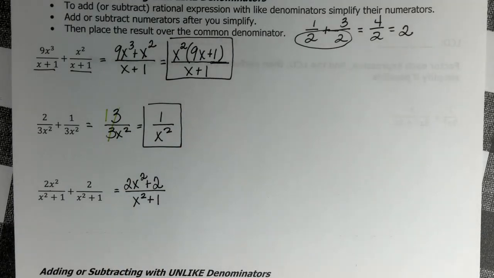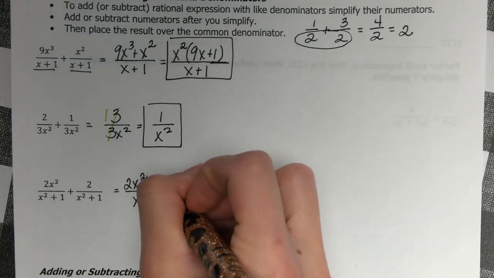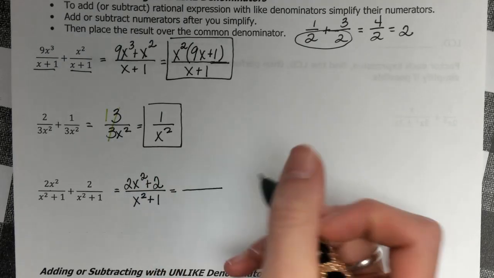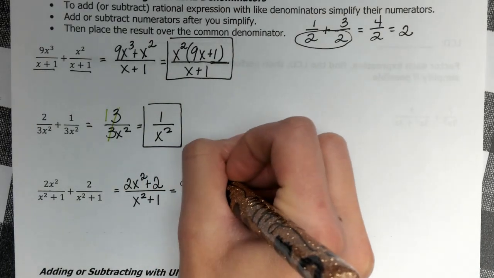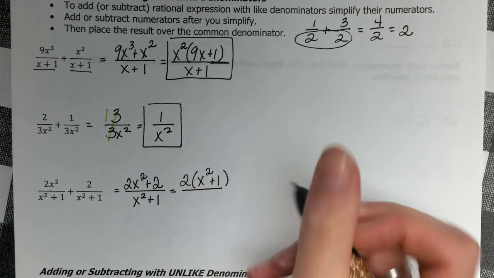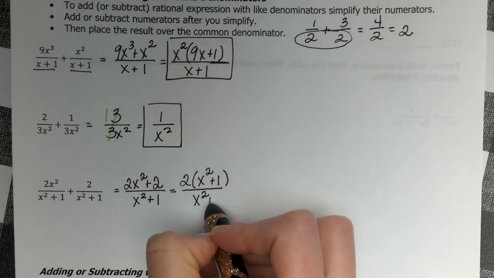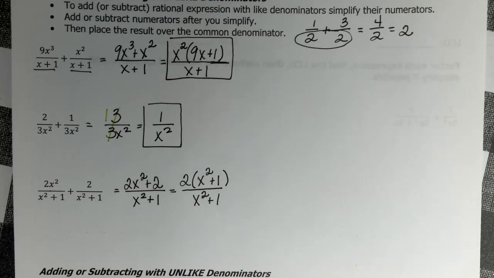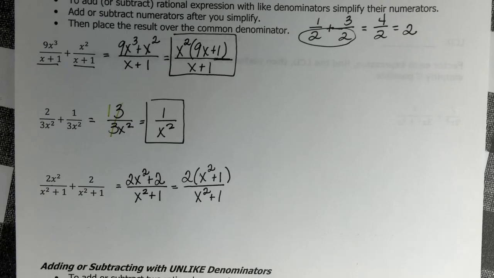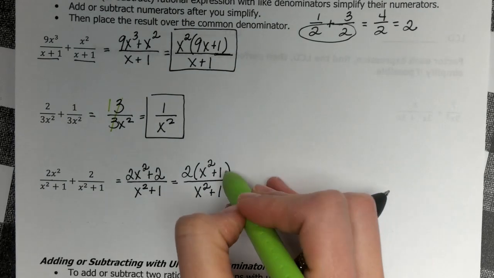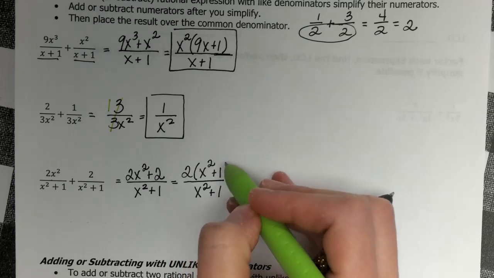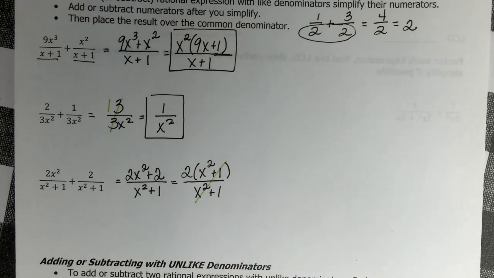And then I need to look, can I factor that numerator? Well, I have a 2 and a 2, so I can take out 2 as my GCF, and that leaves me with x squared plus 1 over x squared plus 1. So by taking out my 2 as my GCF, I have x squared plus 1, x squared plus 1. I can cancel that out, and I'm just left with a 2.